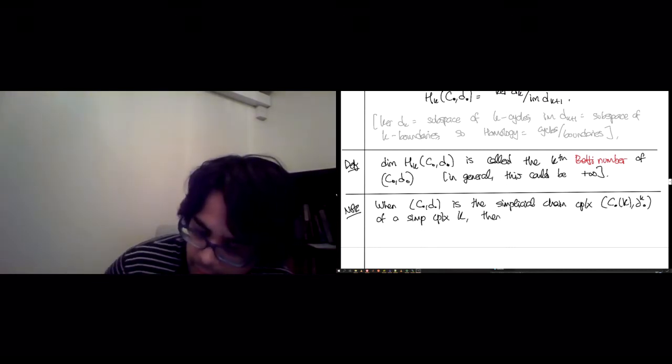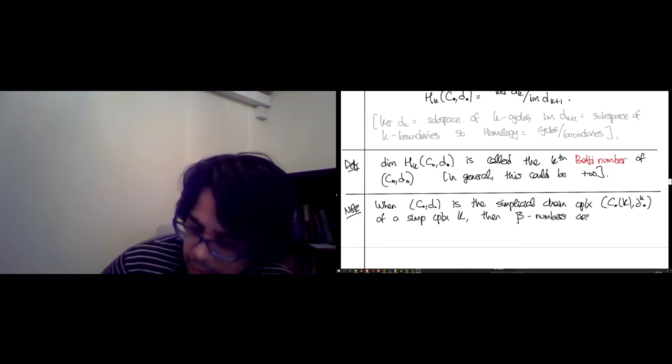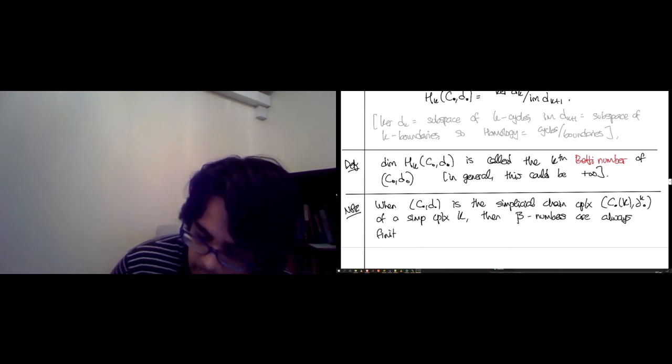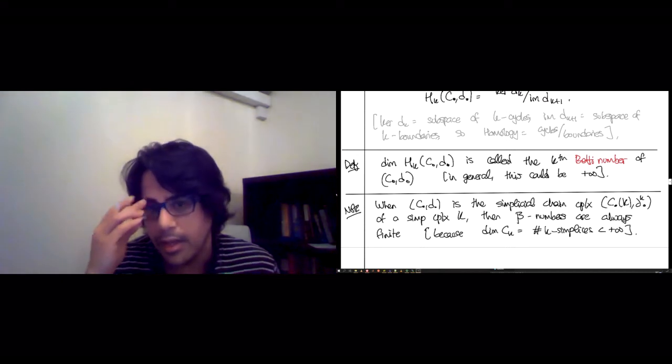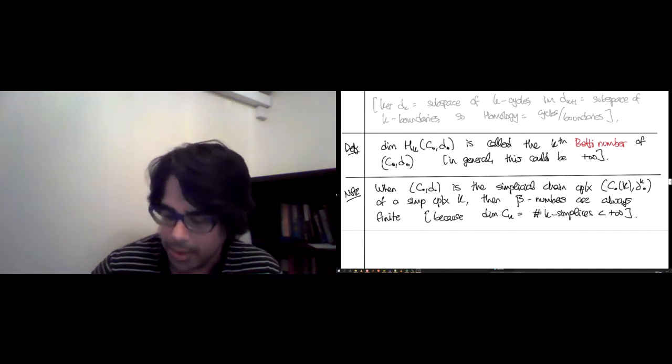Then the Betti numbers are always finite, because in this case, the dimension of Ck is always going to be the number of k simplices, which is less than plus infinity. So nothing can actually blow up to infinity when you have a simplicial chain complex.